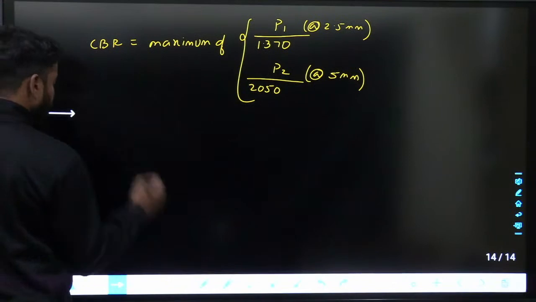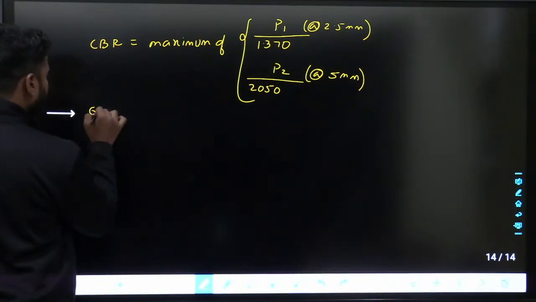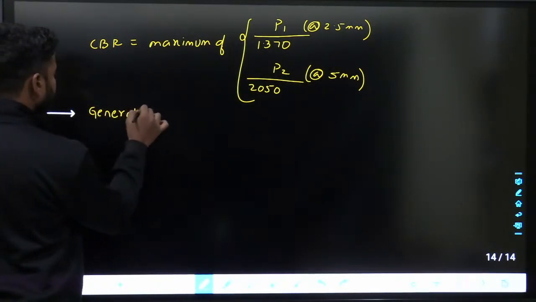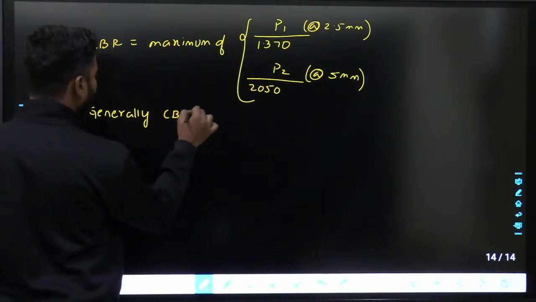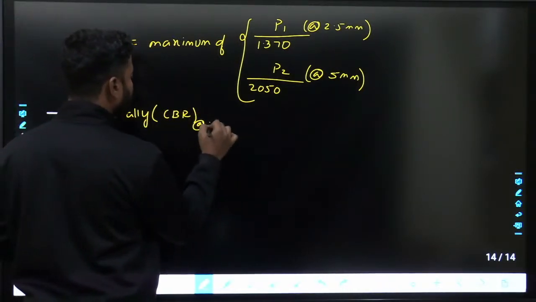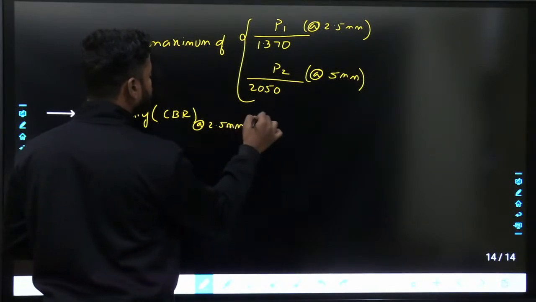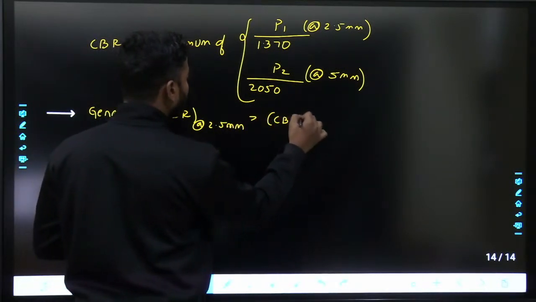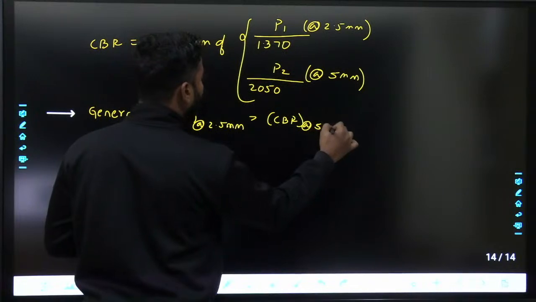Generally, CBR at 2.5 mm is more than CBR at 5 mm.